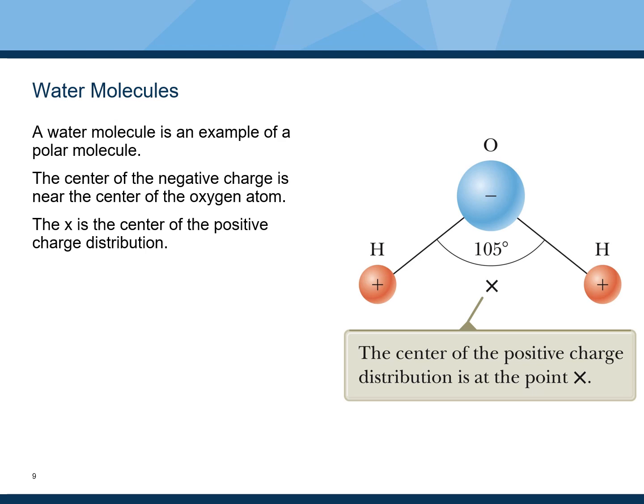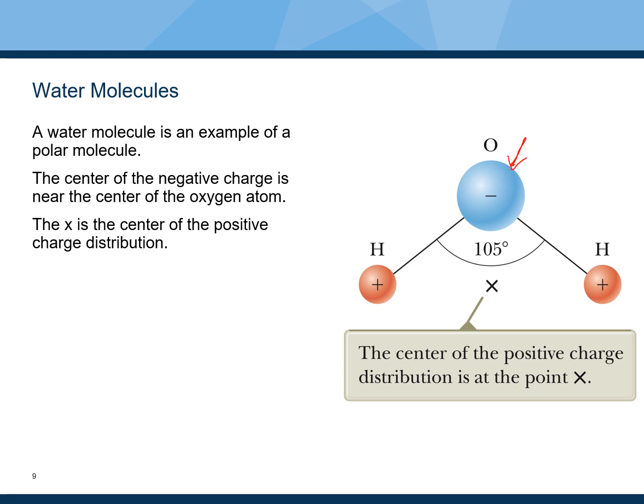The typical water molecule will have bonds making an angle of 105 degrees, and the nature of the oxygen atom is such that it likes to acquire negative charge. The nature of the hydrogen atom is such that it likes to donate away the charge of the electron that is bound to it, and as a result you have a substantial concentration of negative charge at the location of the oxygen atom.